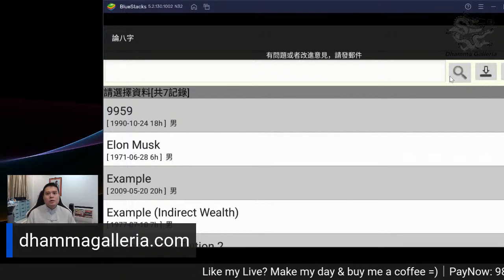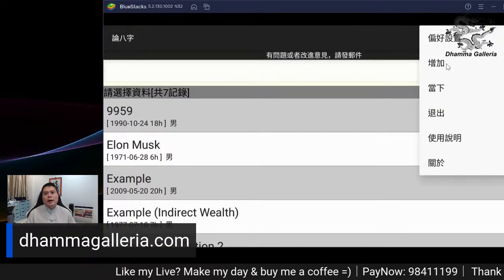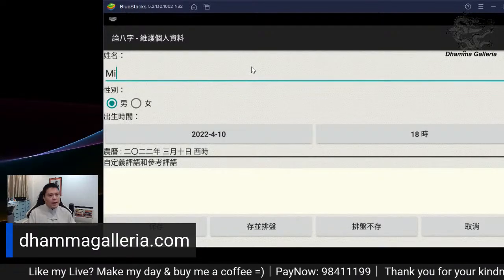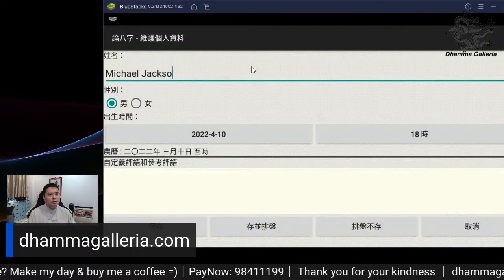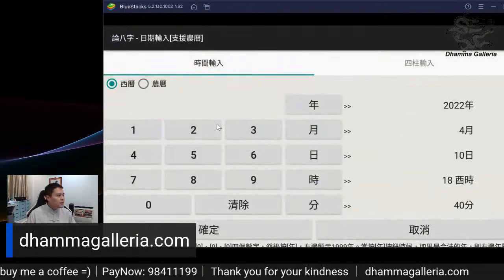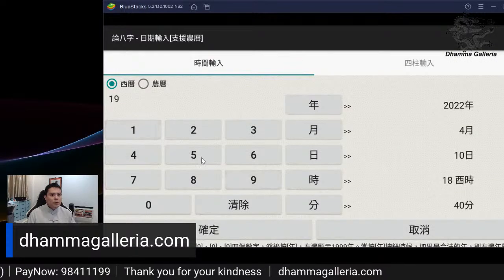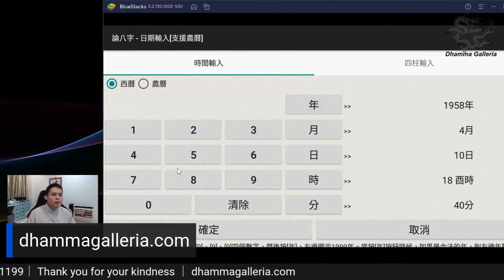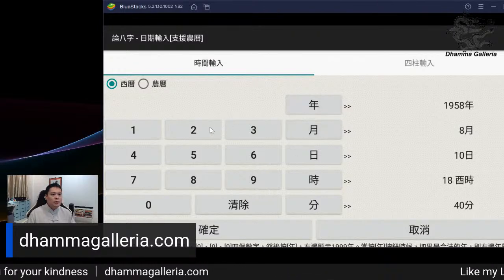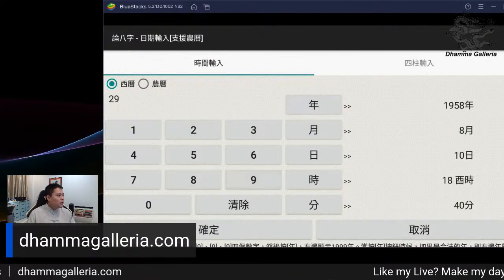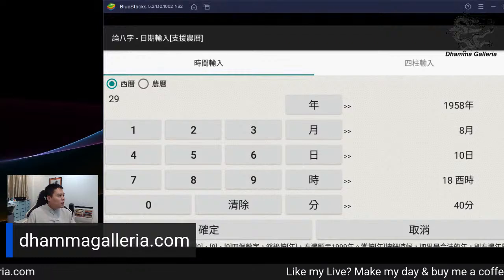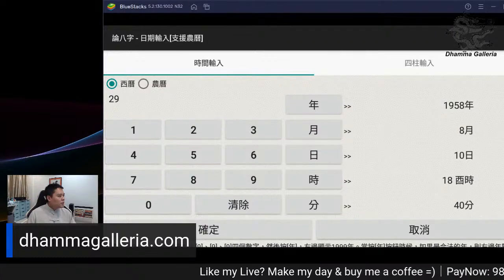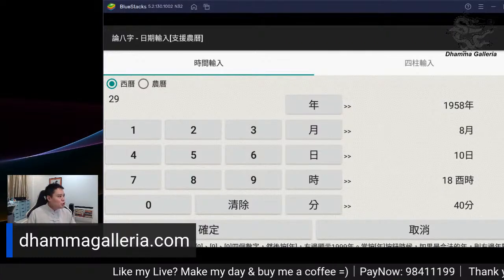Now I will try to give an example to Timmy, who asked something about the 神虚丑位, and I believe Michael Jackson's birth chart is a good example. I believe all of you know who Michael Jackson is, right? The singer who is so famous. Let me double check his time of birth.